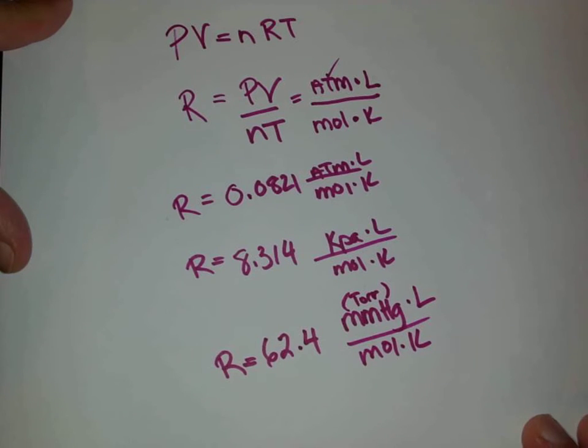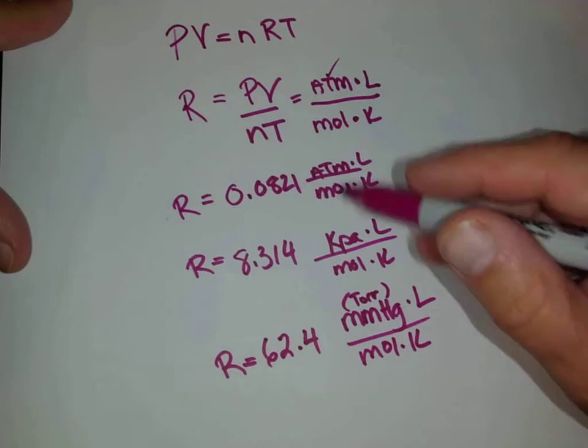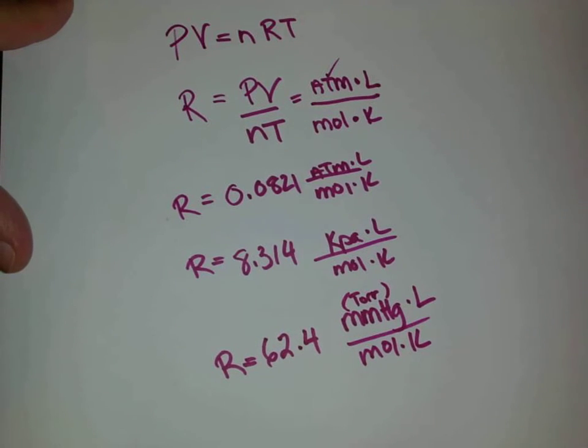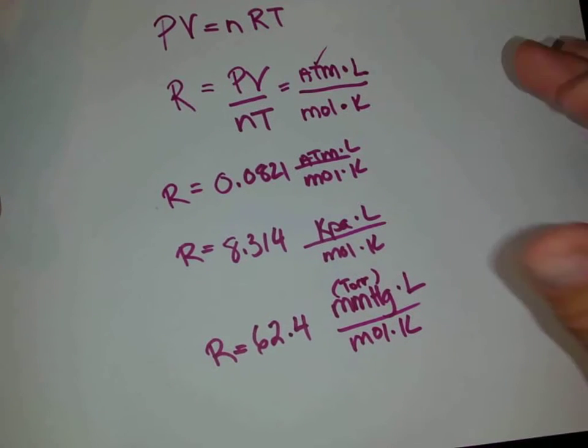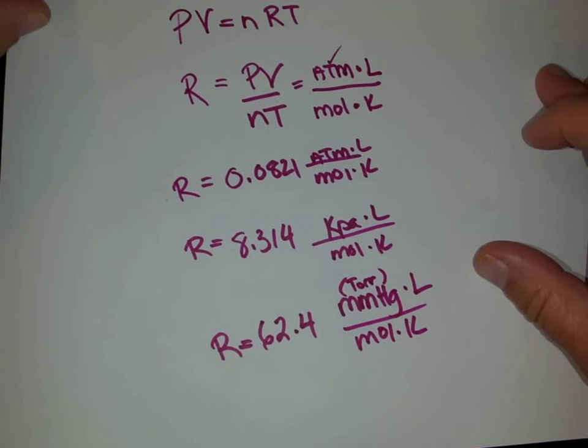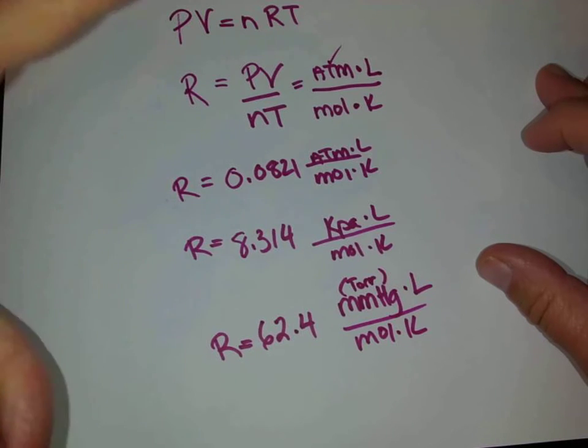So these are the three values of R that you'll see the most. Once in a while you'll see pascals, but that's really rare.